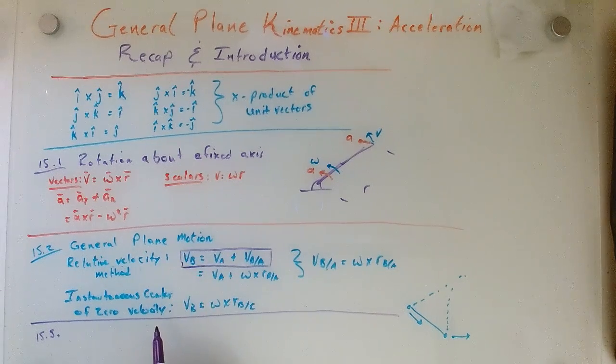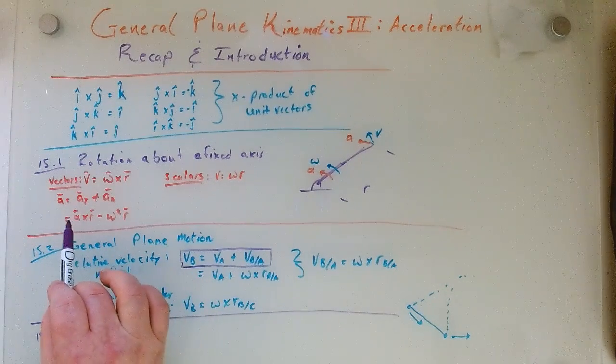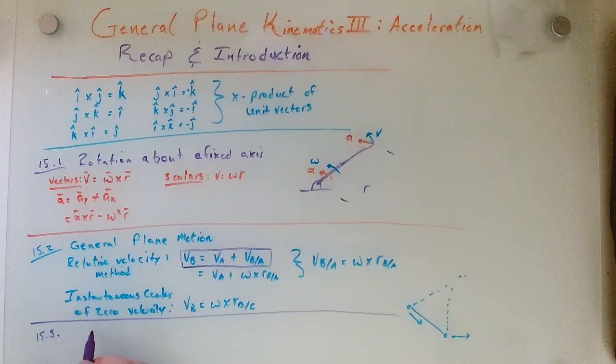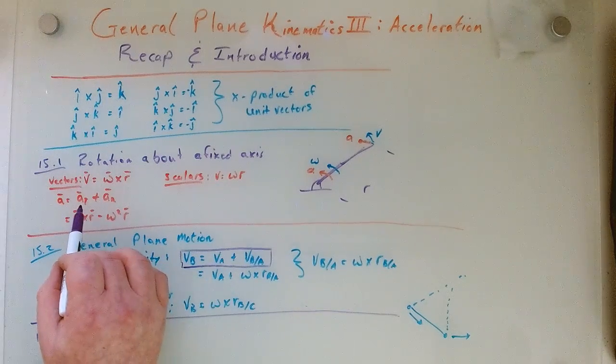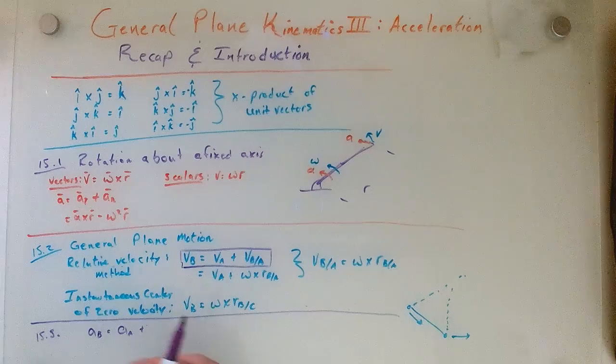So aB is equal to aA, the acceleration of some point A, plus the tangential and normal components, and rather than just writing those, I'm just going to get right to the good part, and so this will be alpha cross r, and then minus omega squared r, where these are all vectors.